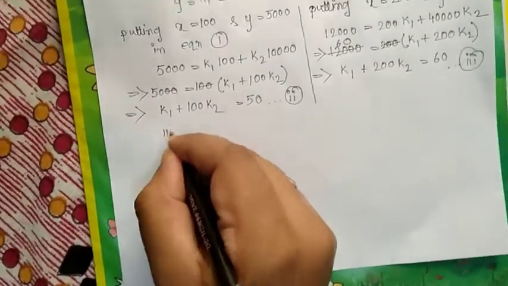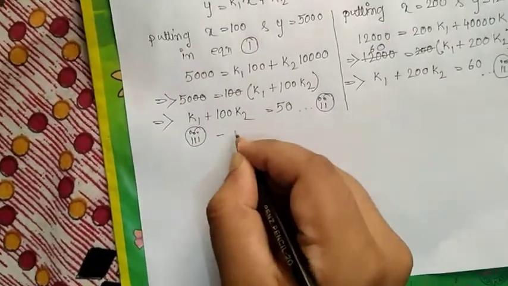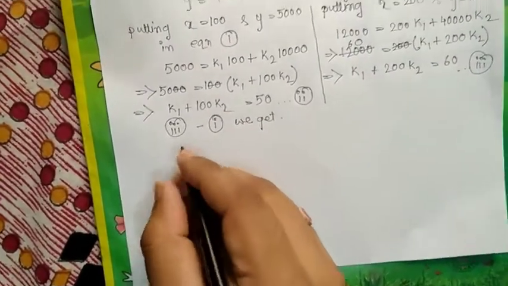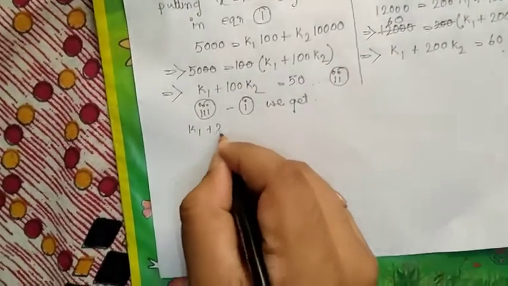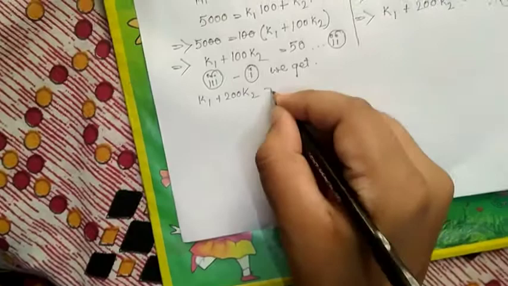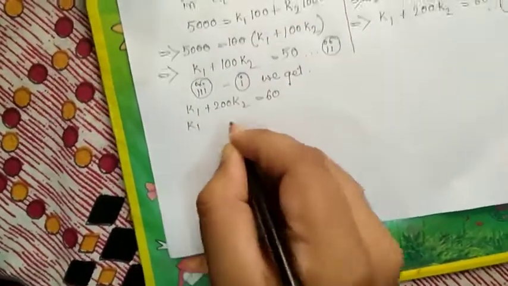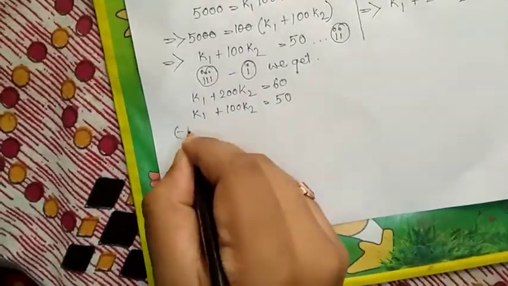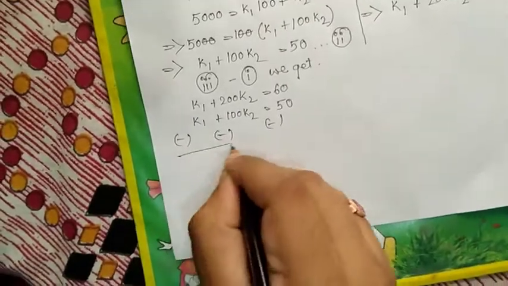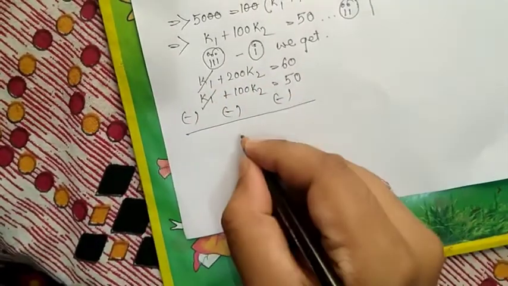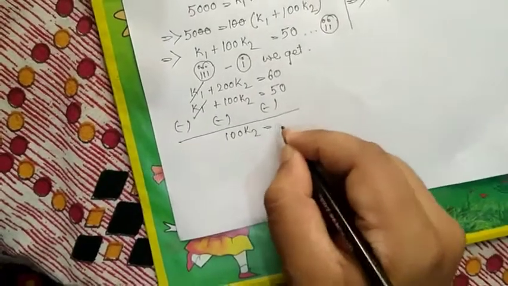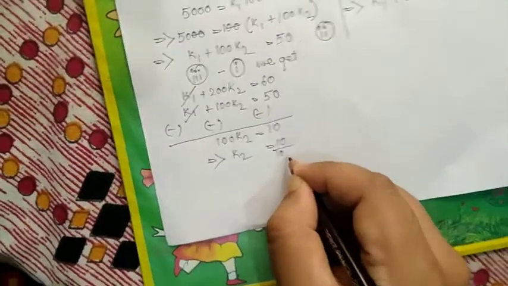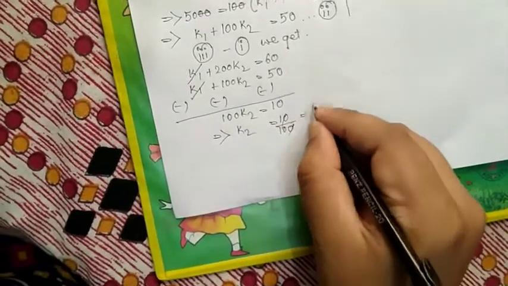So if we do 3 minus 1, we get k1 plus 200 k2 equal to 60, minus k1 plus 100 k2 equal to 50. Eliminating those, this should be 100 k2 equal to 10, therefore k2 equal to 10 by 100 equal to 1 by 10.